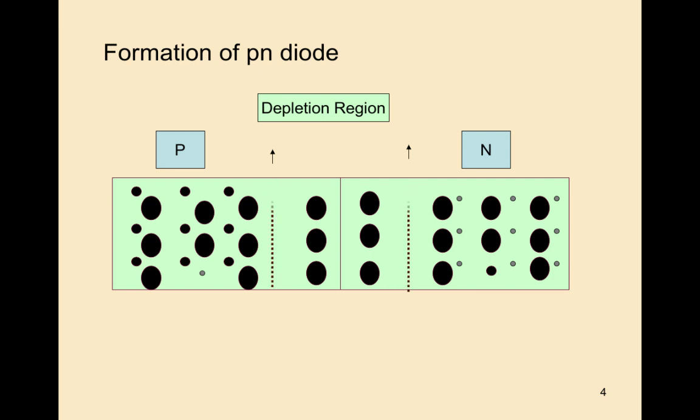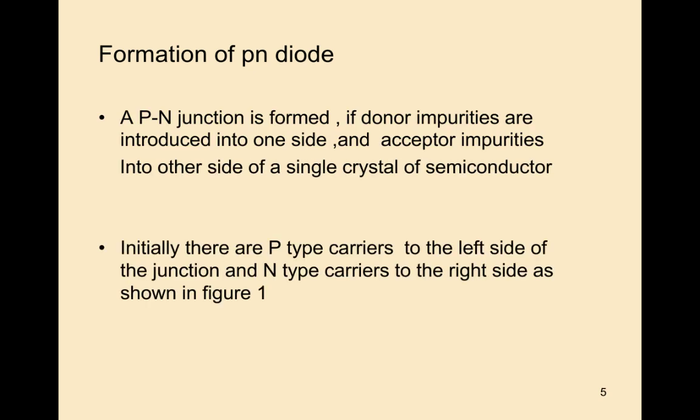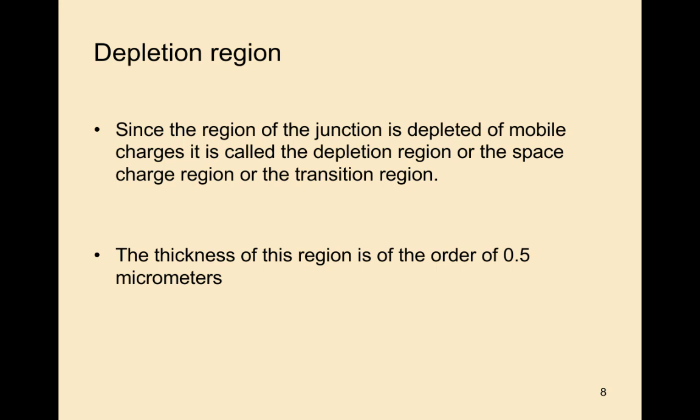So the depletion region thickness is about 0.5 micrometers.